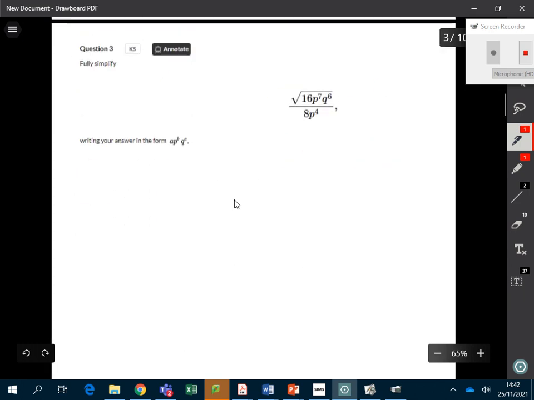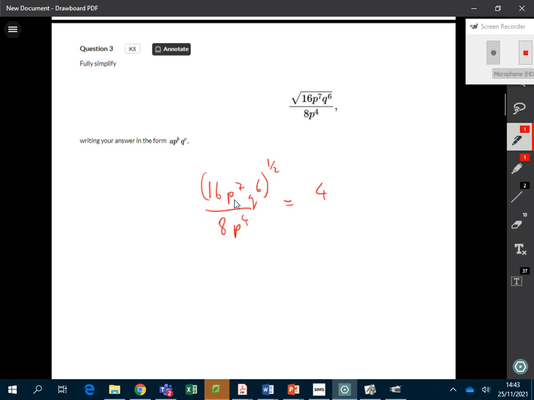Okay, question 3 then. So if we take the square root of that first of all, actually maybe it's easier to write that as 7p to the 7 q to the 6 over 8 p to the 4, and we're going to write this all to the power of a half. Okay, so we apply this power to each of the terms, so 16 to the power of a half is the same as the square root of 16, so that's just 4.